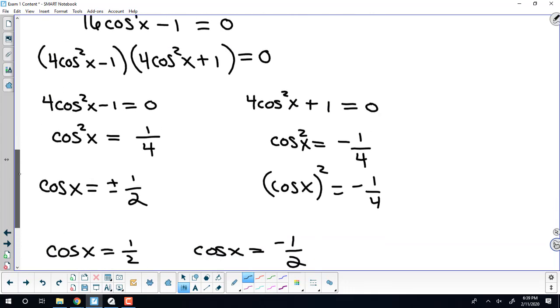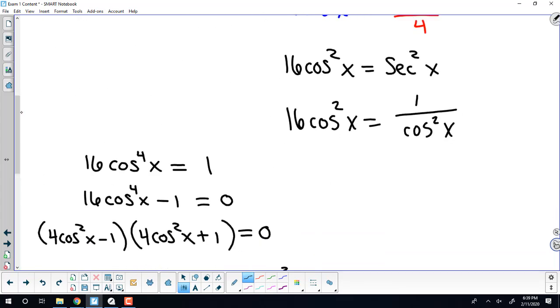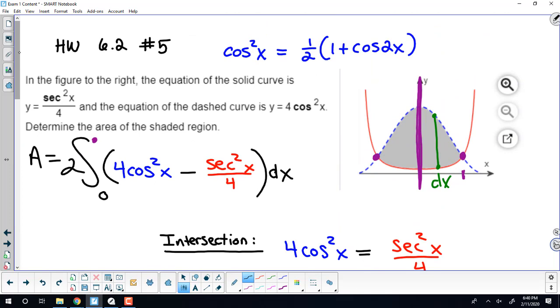The negative of that would be negative 1/2. So this is pi over 3, this is negative pi over 3. We'll just do that one. That's the setup.